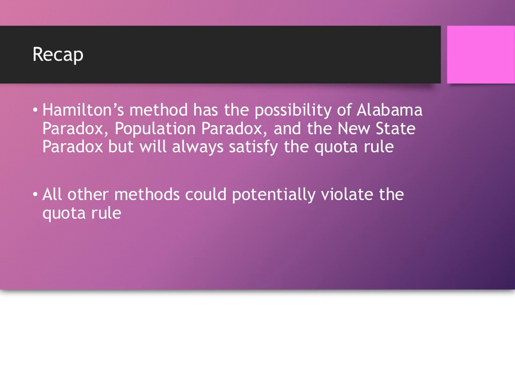We had a population paradox: population grows in one state and stagnates in the other, but the stagnant state wins more representatives while the growing state loses. We had a new state paradox: if you add one more state with its representatives, based on the divisor, two other districts might swap.